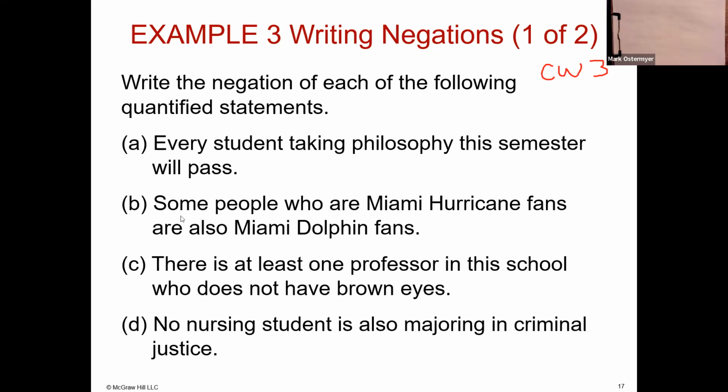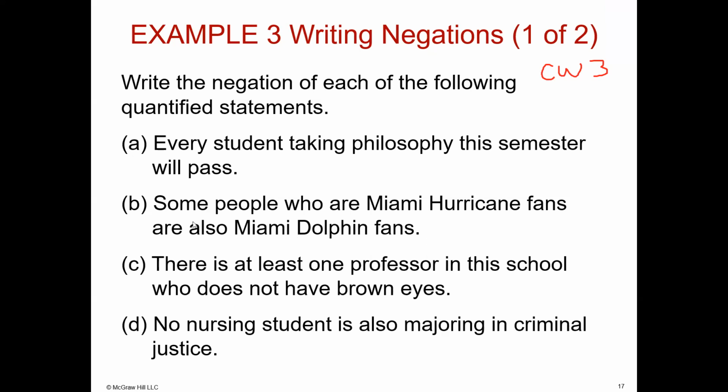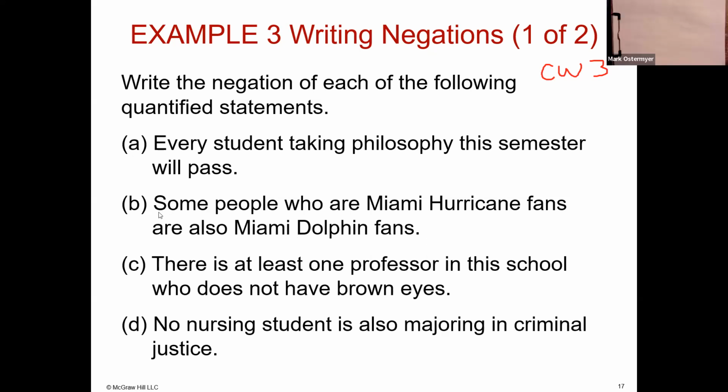So what would be the negation of saying at least one, or the negation of some? None, you're correct. Instead of saying none people, because that doesn't sound right, we would say no people who are Miami Hurricane fans are also Miami Dolphin fans. That would be the negation.